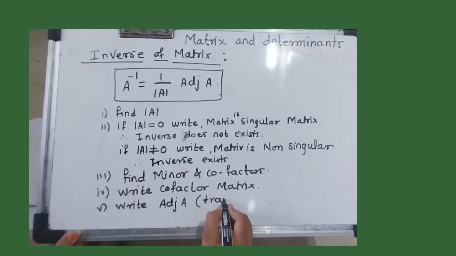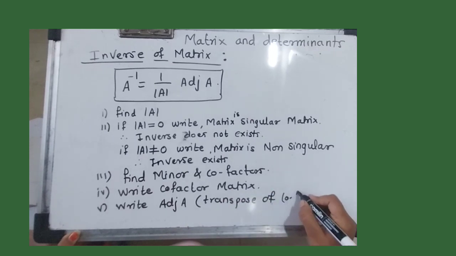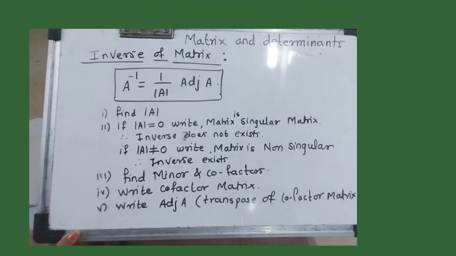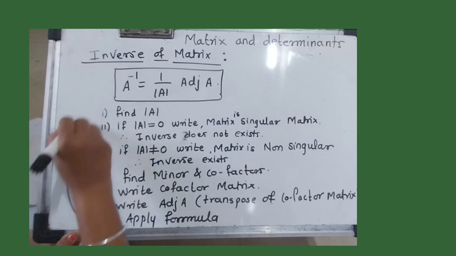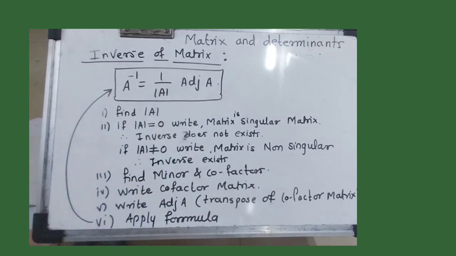Transpose of the cofactor matrix. Clear? Then apply the formula. Right below that, write down the same formula. Clear? These are the steps to find the A inverse. Take a screenshot.